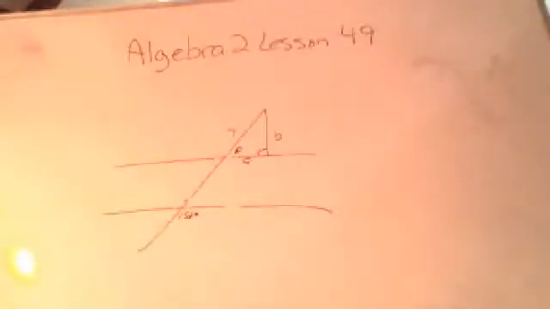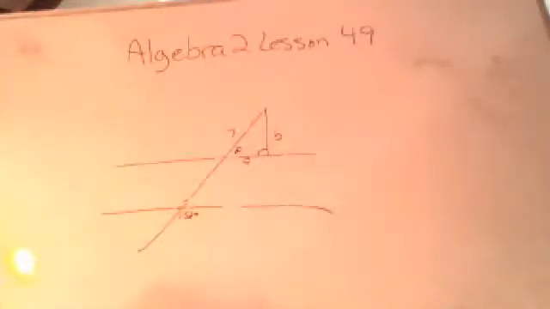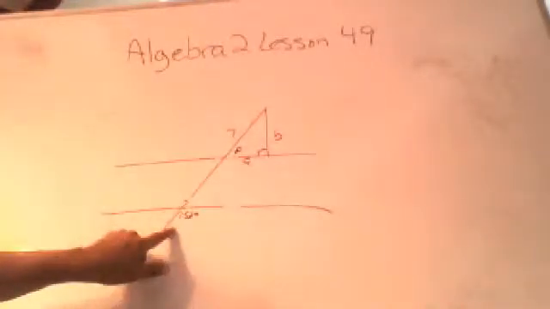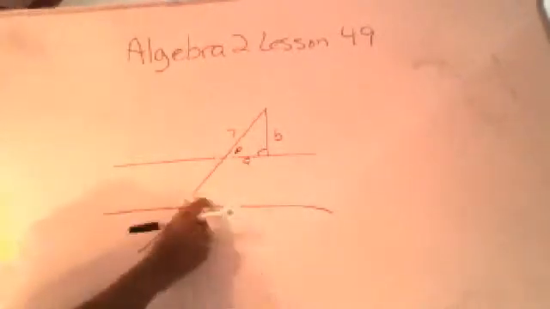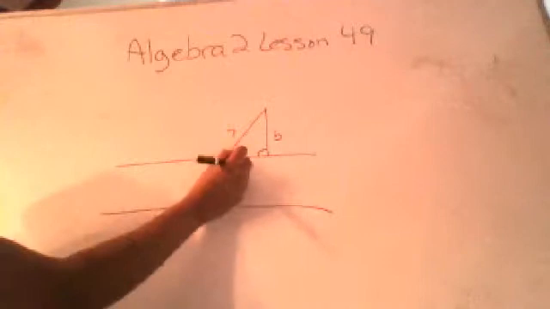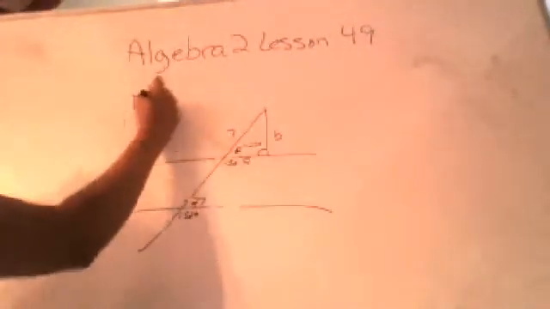Find angle P and find B and A. Well, this is 153 degrees. This right here has to equal what? It has to equal 27 degrees because the two have to equal 180. If this is 153, P has to equal 27 degrees. So we have P equals 27 degrees.